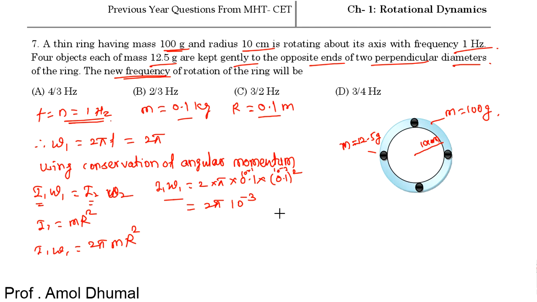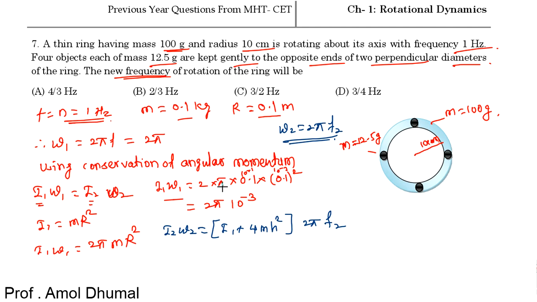So I2 omega 2. Here again we have to use the total I, which is I1 plus 4 m h square, into 2 pi into frequency 2. So here omega 2 is equal to 2 pi into new frequency.